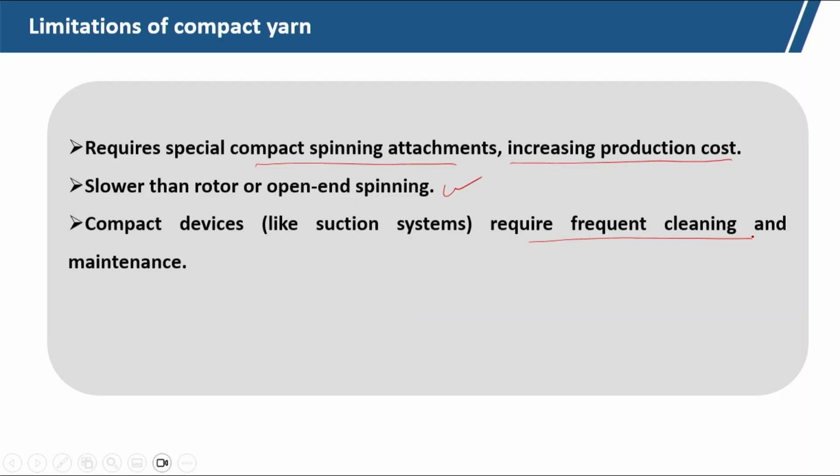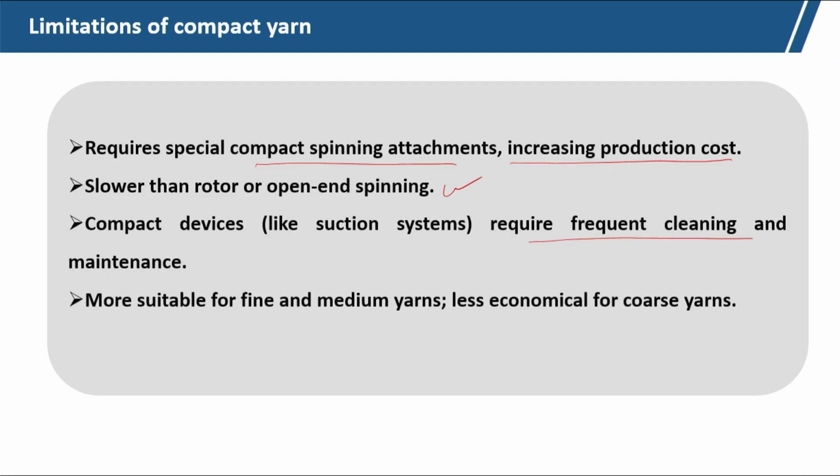So, this additional compactor system, where air suction is used, or even for mechanical grouped aprons, frequent maintenance is required. So, that maintenance cost is high, and we have to create some inventory for these replaceable items.